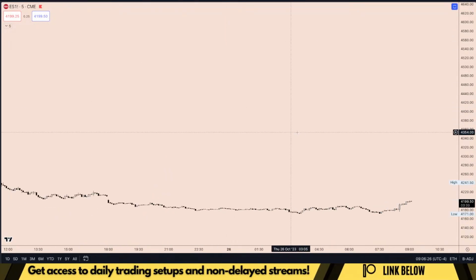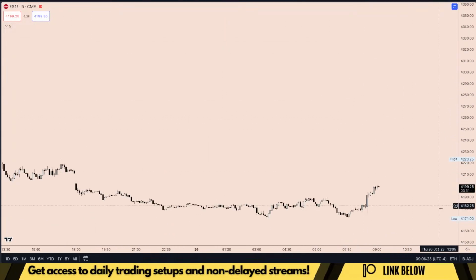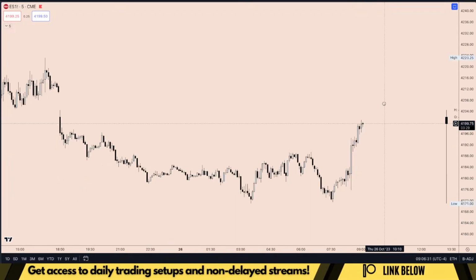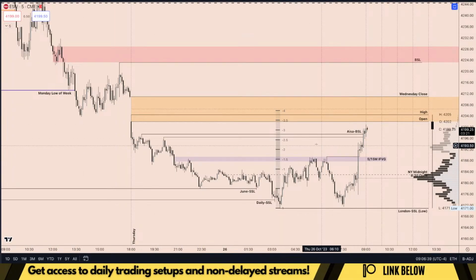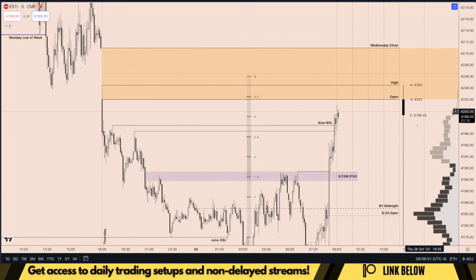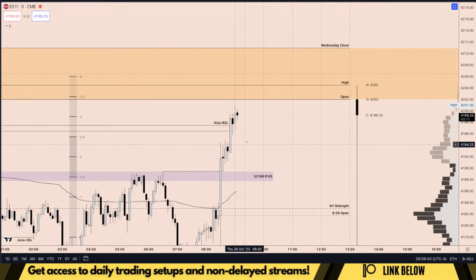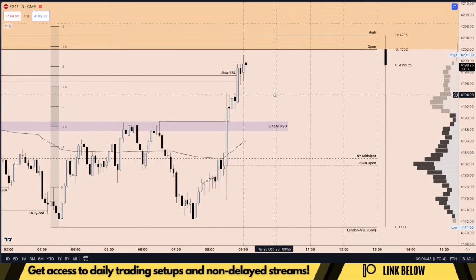But now let's go back to the 5-minute time frame and see what we're working with. Did we hit? No, we did not. Turn on our drawings. You can see that the majority of the volume has been put in right at the 8:30 open paired with the midnight level.